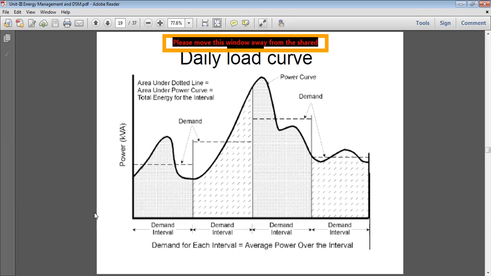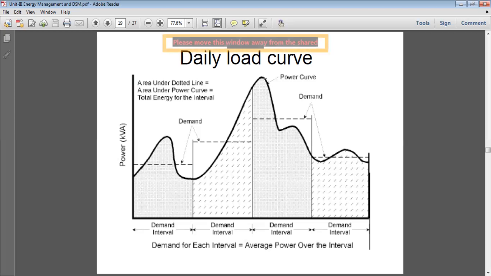So the area under the curve is nothing but the energy. And if it is measured in kVA, it is kVAh. Now kVAh billings are there, so it is also quite clear. It will give a number of pieces of information from the consumer side as well as the energy supplier side.